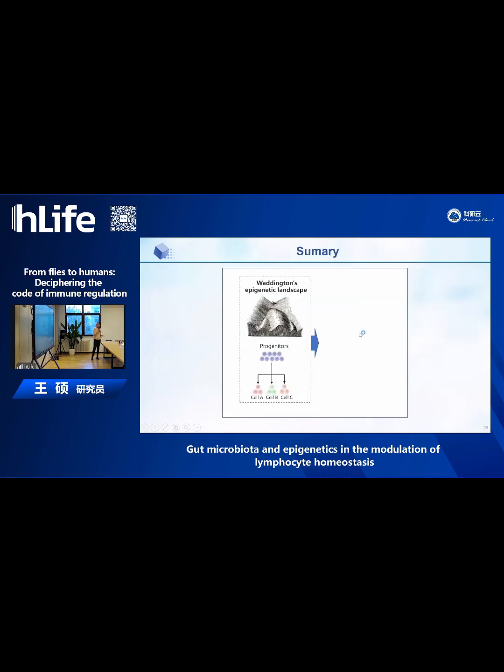So to summarize, for the development of immune cells or stem cells, the epigenetic landscape model tells us that the precursor cells are just like a ball at the top of a hill, and they roll down to the valley randomly.